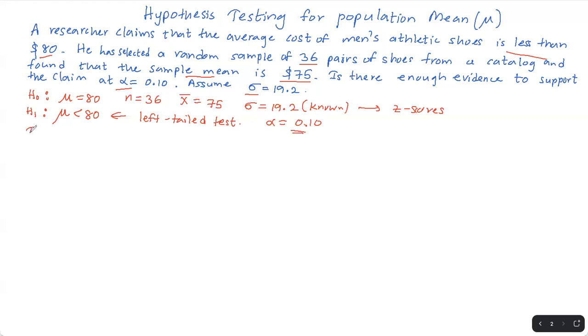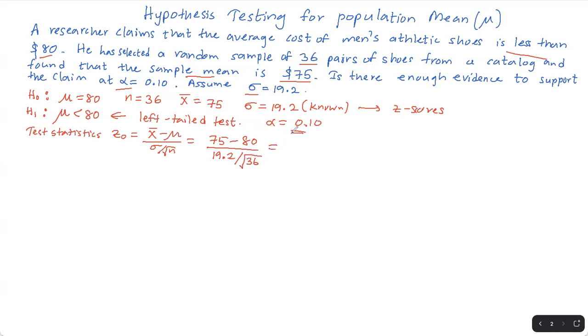Let's find the test statistic here. The formula for the test statistic Z0 is x bar minus mu over sigma over square root n. X bar is 75 minus $80, divided by 19.2 divided by the square root of 36.